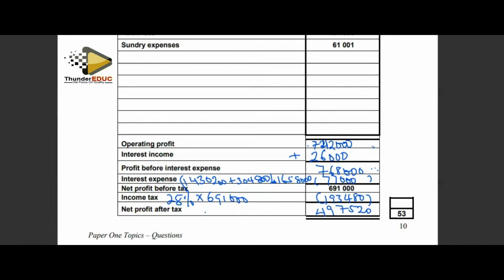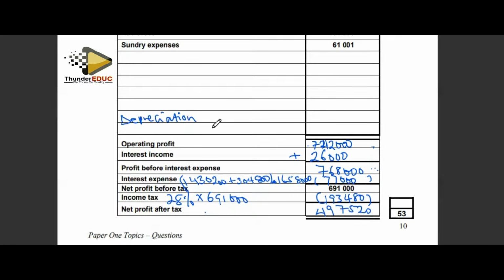There is a figure we missed, but I'm going to deal with it. That was depreciation. By the way, there was depreciation somewhere in our income statement. Remember, depreciation is an expense.